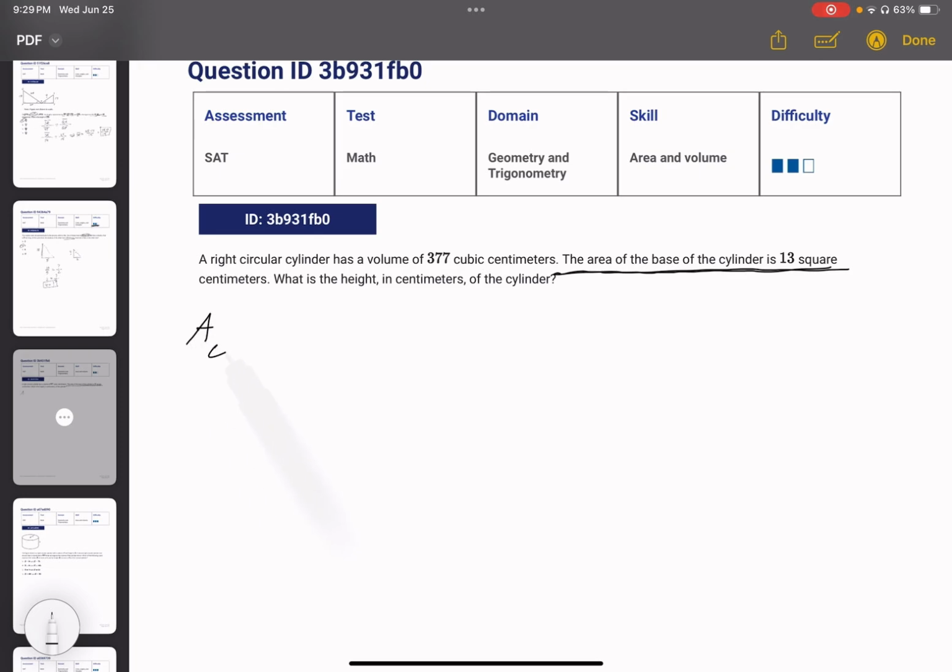The area of a circle is equal to pi r squared. And we know that the volume of a cylinder is equal to pi r squared times the height, and in this scenario, it's equal to 377 cubic centimeters. We're looking for the height only though, and we're given the area of the base.